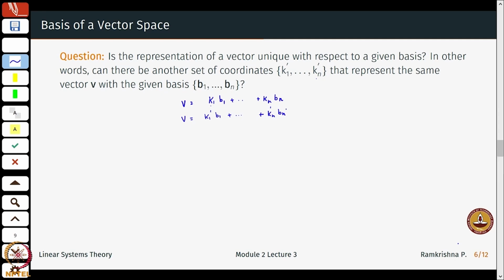So the question that we want to answer is, do there exist two distinct coordinate representations for the same vector defined with respect to the same basis of a given set of bases? Okay. So is this true? This is what we want to answer. Well, I don't know, so let's assume this to be true.